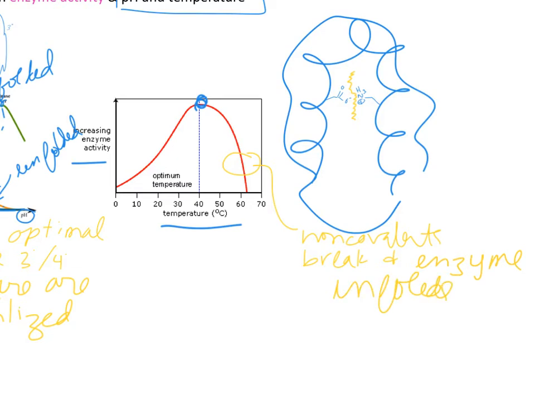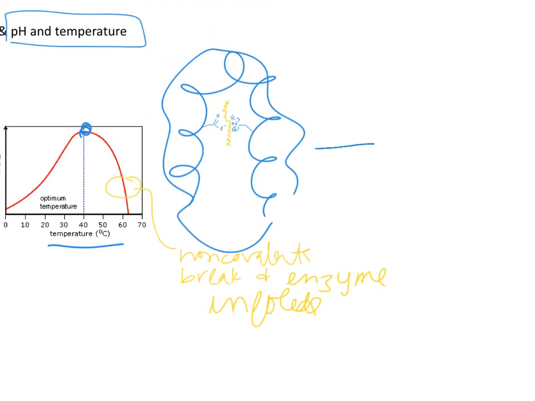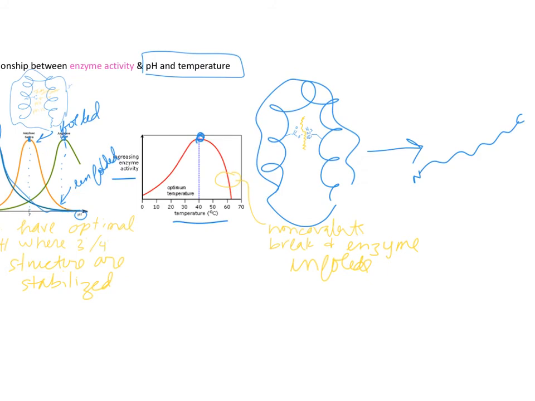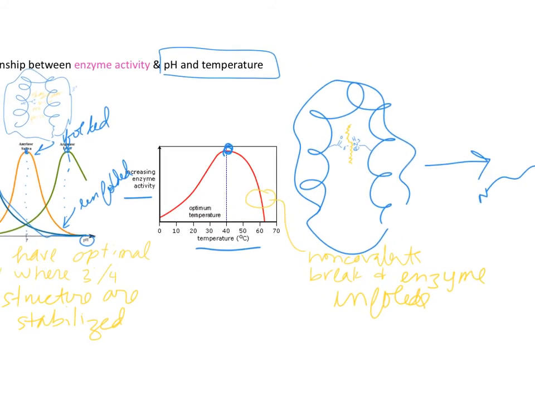And remember, what I mean by unfolding is it goes from its tertiary or quaternary structure, depending, just down to its primary sequence, and the primary sequence doesn't have any enzyme activity because it's the 3D fold that gives the enzyme its function. So if you go too high in temperature, all the non-covalents will break.